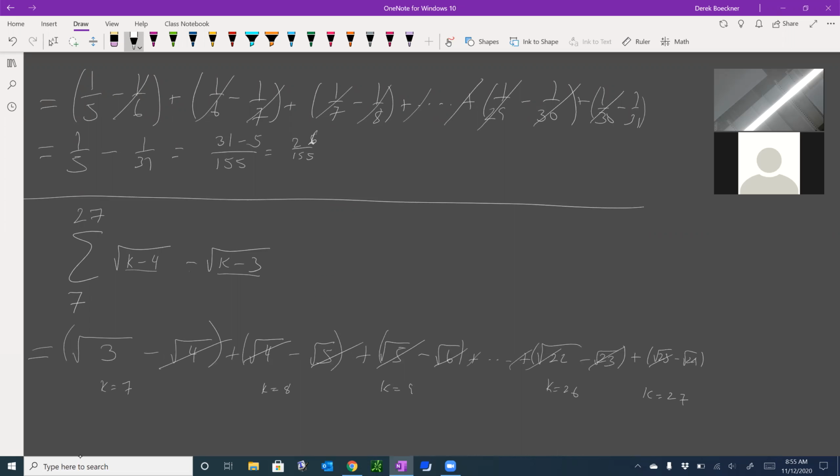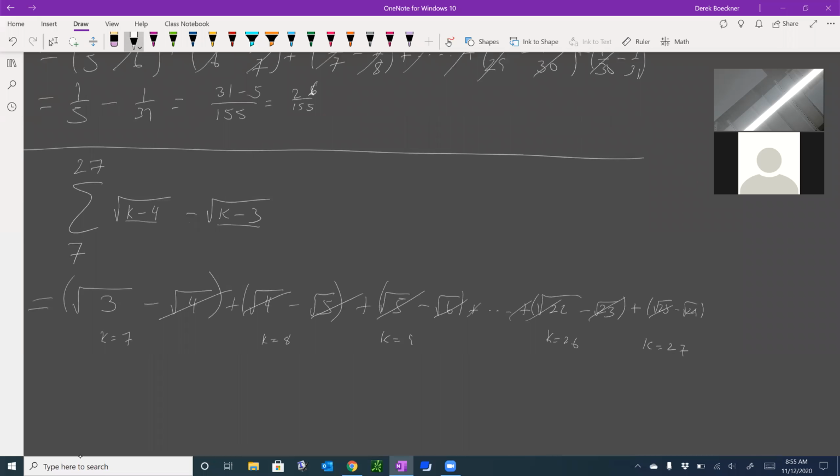That cancels there, this cancels there. I'm left with the square root of 3 minus the square root of 24. So the k equals 27, when I put it into the formula for the summands, I get 27 minus 4 is 23.